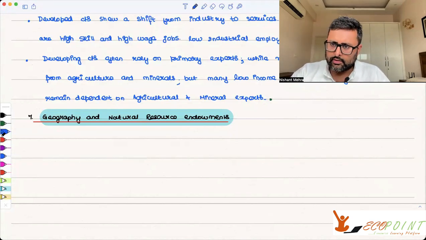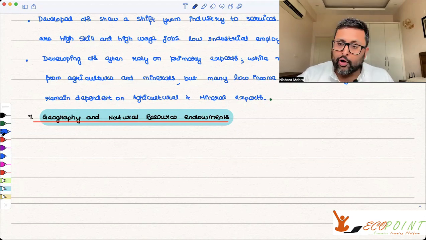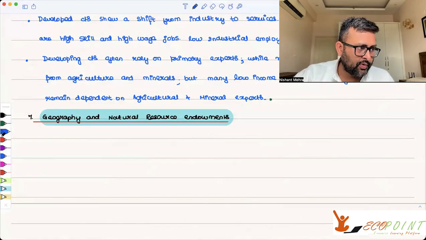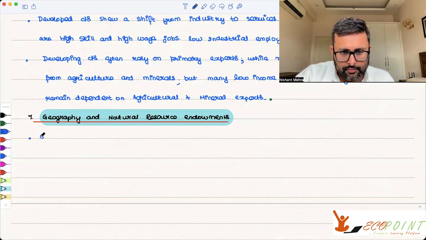And there are various other reasons that geography can help in development. It can also help in public health. So geography itself can be a crucial factor in public health, in development, in agriculture, right?